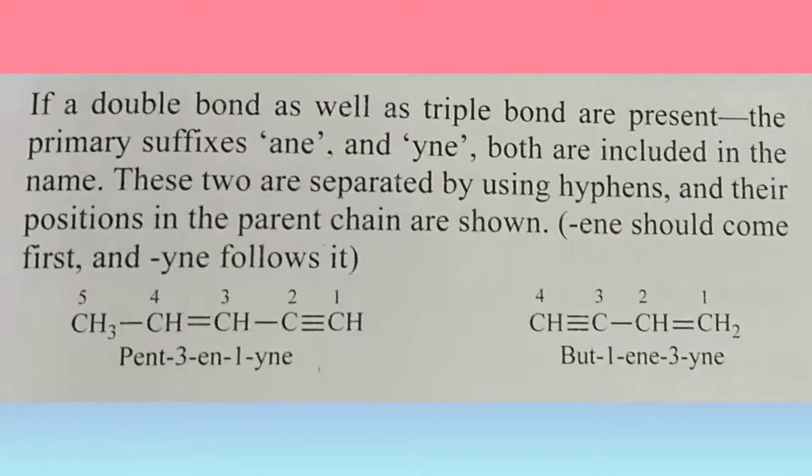So the first one here is pent-3-en-1-yne, because 1 is for the "-yne" group, because here it is getting the most priority, and then 3 for the double bond, because here it's getting the least priority.